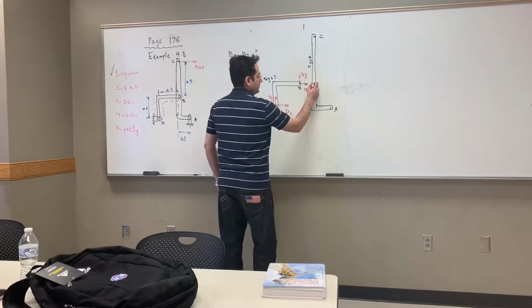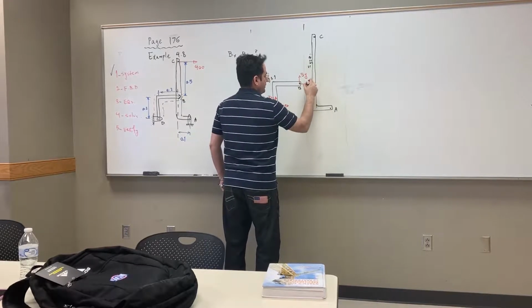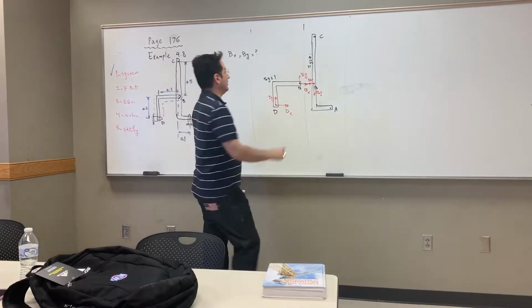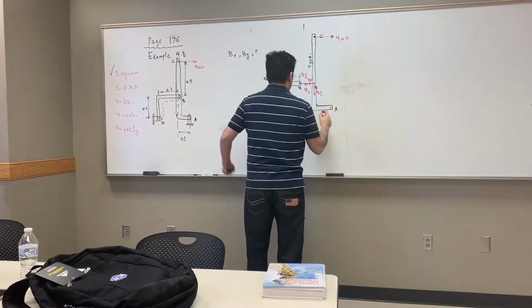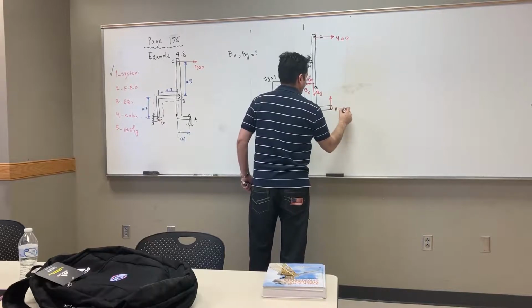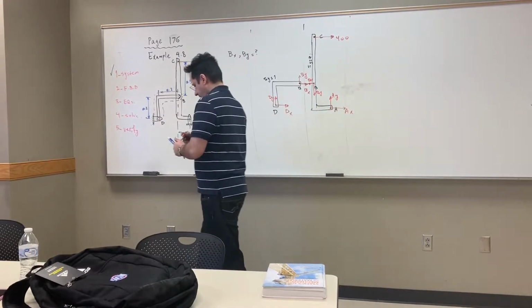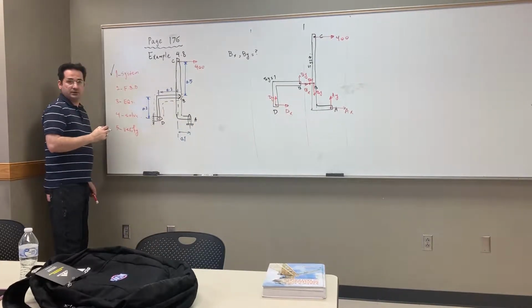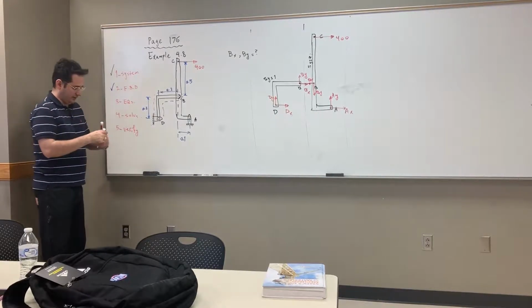For system 2, at point B, I just put the opposite of whatever I defined here, and DX, DY, and I'm going to have 400 here, and then I'm going to have AX, AY, no moments. And that's all. That's my free body diagram. Now check mark it, go to the next step.